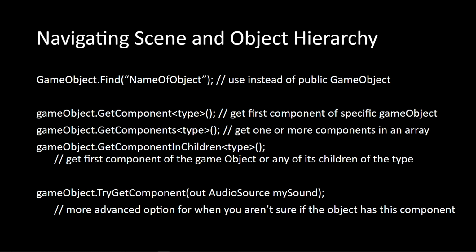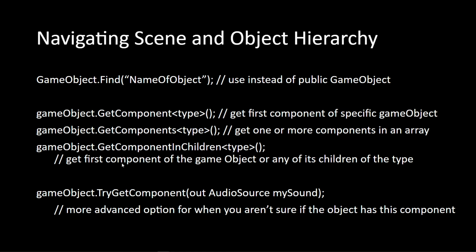Now, if a game object has multiple components of the same type, like multiple audio sources or multiple colliders, you can use GetComponents with an S, and that's going to return an array of components. So that's yet another variation.